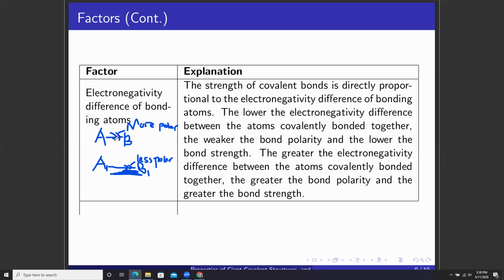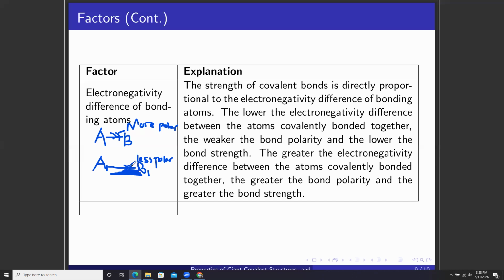I consider two atoms, A and B, then A1 and B1. If B1 is less electronegative, do you know what it means? If B1 is less electronegative, it will pull bonding electrons at a slow rate towards itself. At a slow rate, meaning that we shall be having less electron density, very few electrons towards B1.